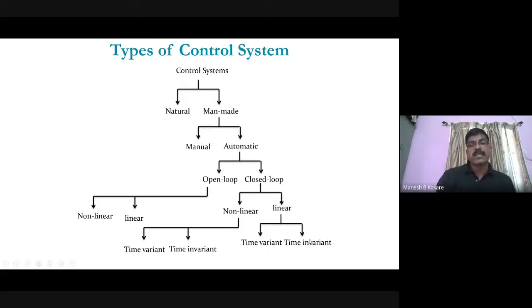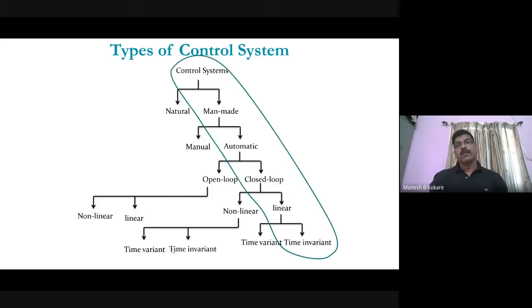We have seen examples like voltage regulator or AC, whereas the spacecraft system is a time variant control system. Non-linear control systems are further designed as time variant and time invariant control systems. So this is the overall difference between all those types of control system.